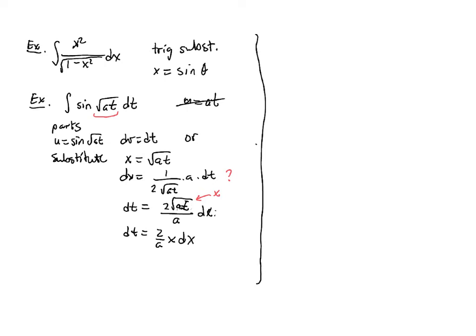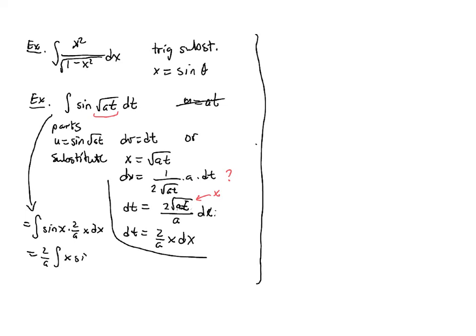And when I put that into my integral, we end up with the antiderivative of sine x, because there in red is my square root of at, which is x, and then I multiply by my dt, which is 2 over a x dx, and I'll rewrite that as 2 over a, constants come out, antiderivative of x sine x dx.